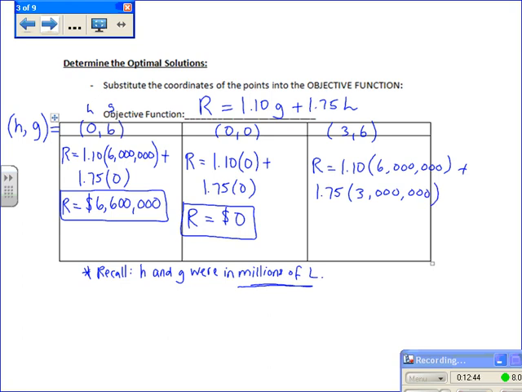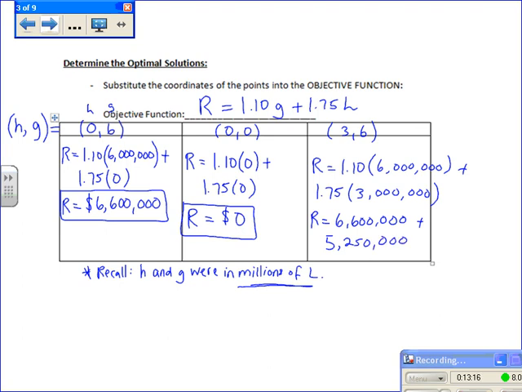And so my revenue is going to be equal to $1.10 times 6 million, which gives me $6,600,000, plus $1.75 times 3 million, which gives me $5,250,000.